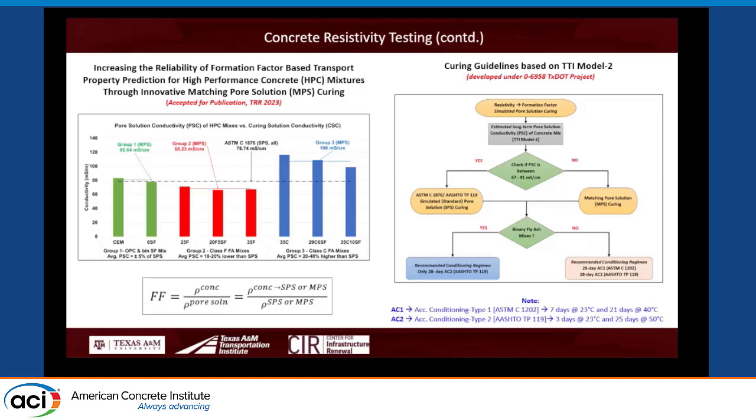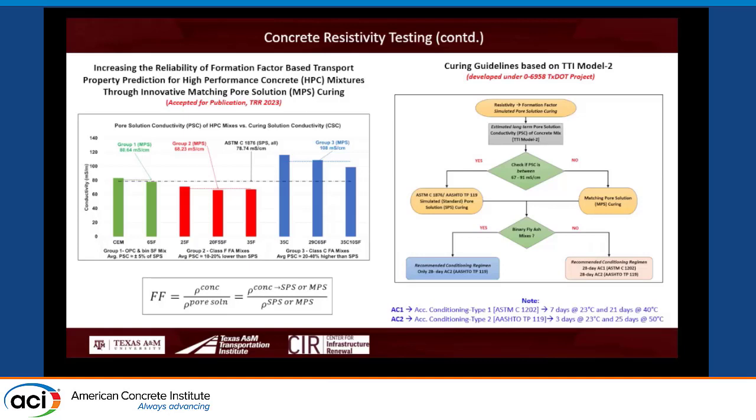AC2 means you do 3 days at 23 and 25 days at 50 degrees C, and it's acceptable. Or AC1, 7 days at 23 and 21 days at 40 degrees C. AC1 is well established, and the precision statement is probably done. AC2 has not yet reached that stage. But AC2 can be universally considered for all, though it may take a little time.